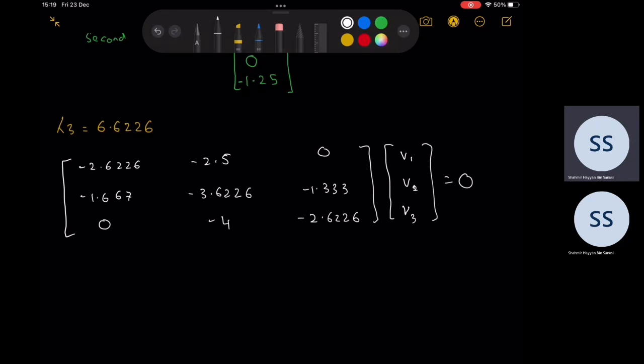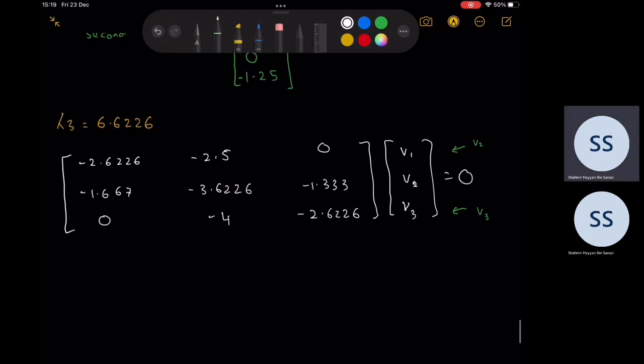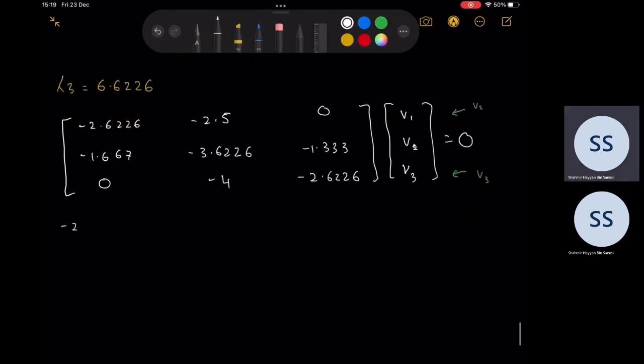Same thing as for lambda 1, we use the first row and the last row. The first row will give us the V2 value and the last row will give us the V3 value. So from the first row, negative 2.6226 V1. Remember that V1 we will normalize to 1, minus 2.5 V2.